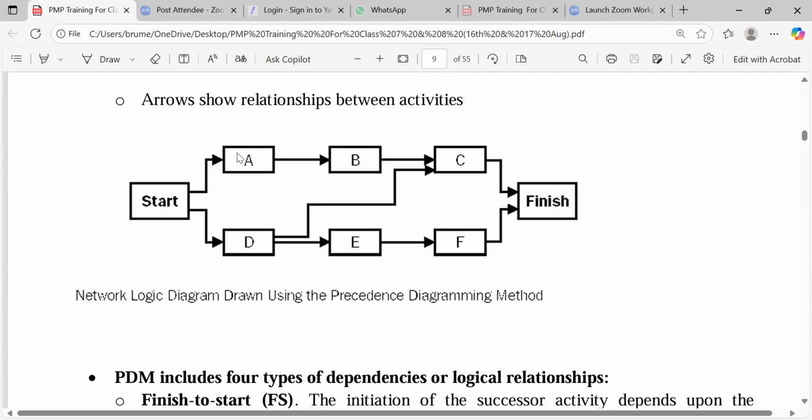A path starts A, B, C, finish is a path. So then 2? No, wait. A, B, C are running sequentially. And then A and D are running concurrently. C and F are running concurrently.